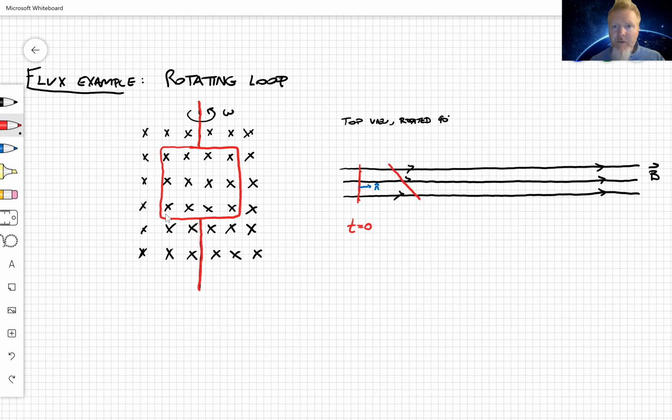It's going to rotate around like that, towards a position like this, and then rotate this way. And then it's going to be back to here, at which point the normal vector is now that way. So that's your half turn.